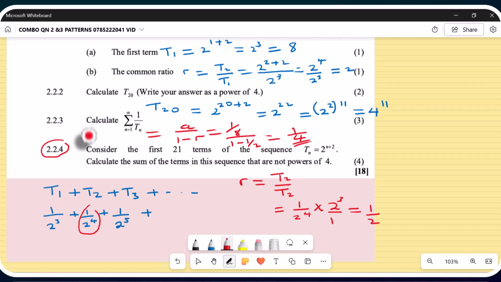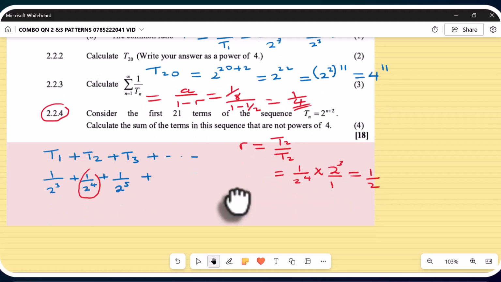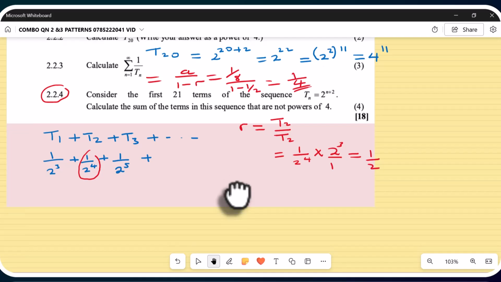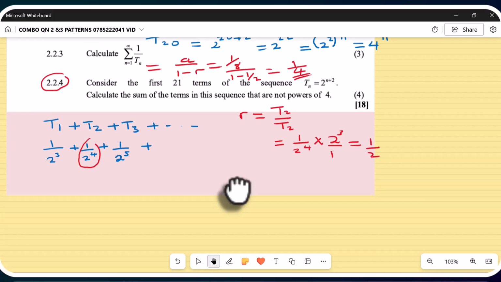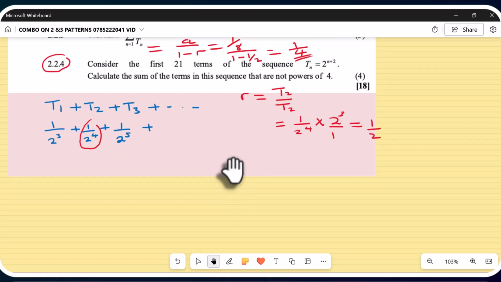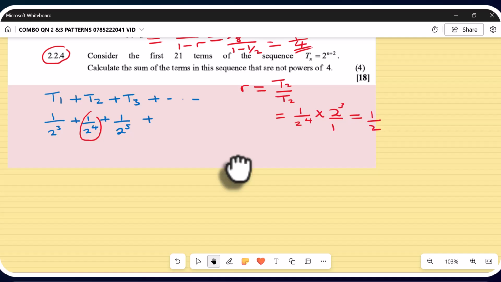So we can say that 2 power 23 is equal to our A, which is 2 power 3, multiplied by the common ratio, which we got as 4, then power n minus 1.